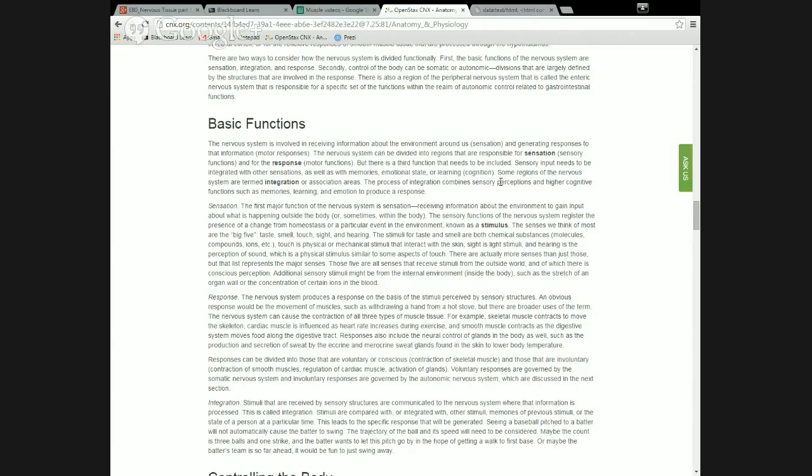There's actually a third basic function that's kind of in the middle of that, which is often called integration. Now, the car driving example is a good place to talk about integration. Okay? You're seeing the road around you. You're seeing the cars that you're passing or that are passing you, or that are in oncoming traffic or in cross traffic on other streets.